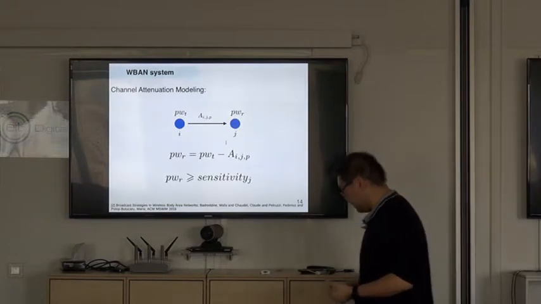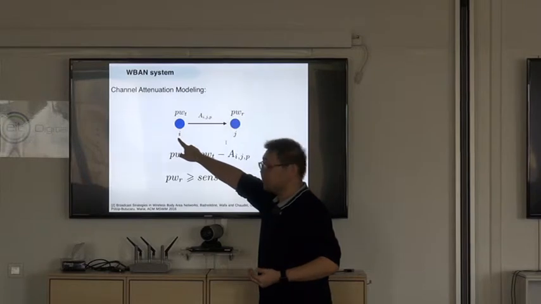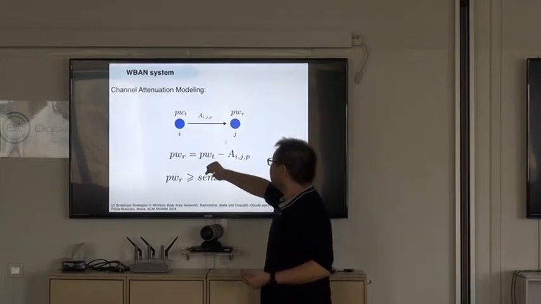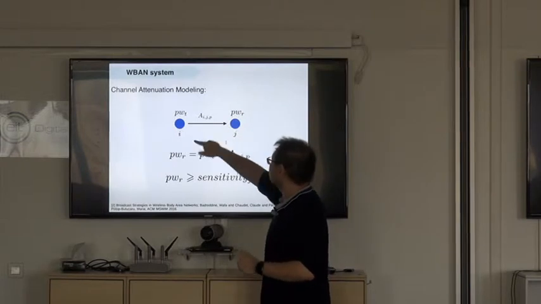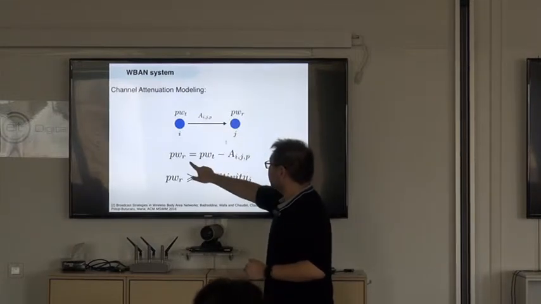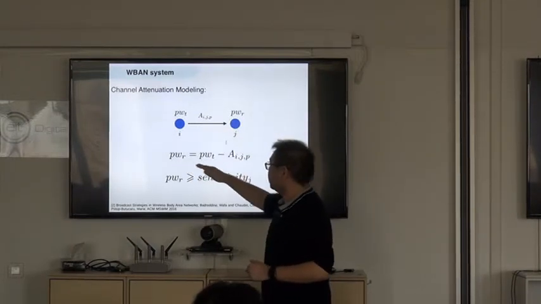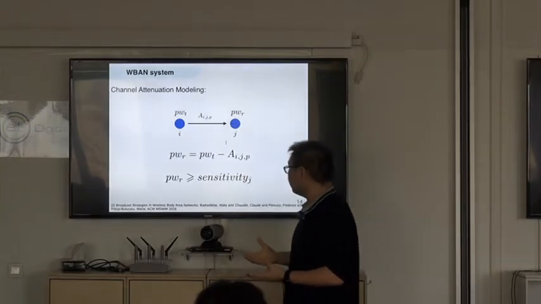Then, if the transmission power from I is PWT, and the receiving power of this message after going through the channel is PWR, the formula for PWR is the transmission power minus the channel attenuation.